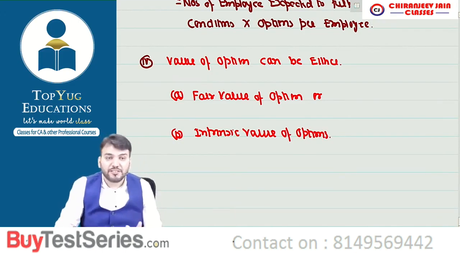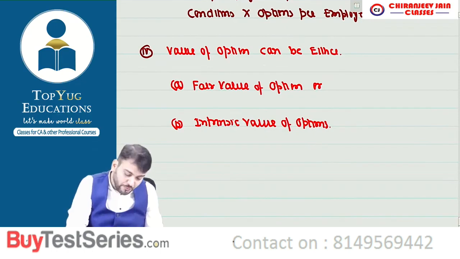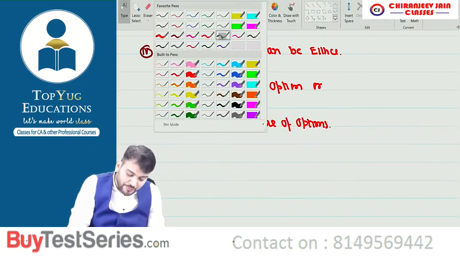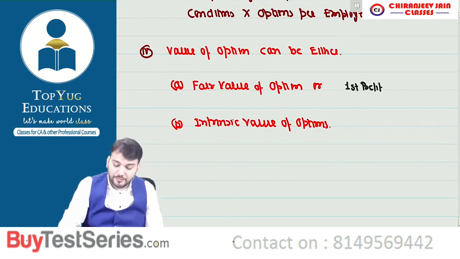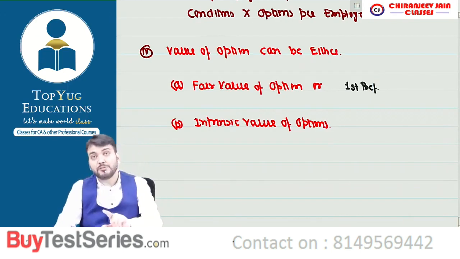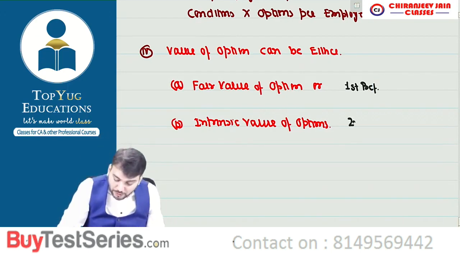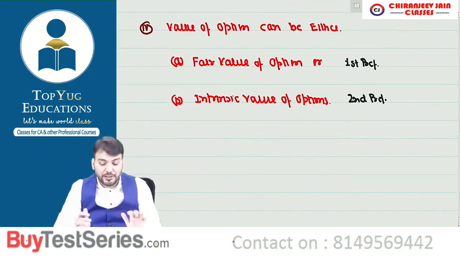Till now we have not discussed fair value of options, so we'll discuss it later, don't worry. But write that first preference should be given to fair value of options. If it is not given, then we'll use intrinsic value of option from the examination point of view. Are you getting what I'm saying?